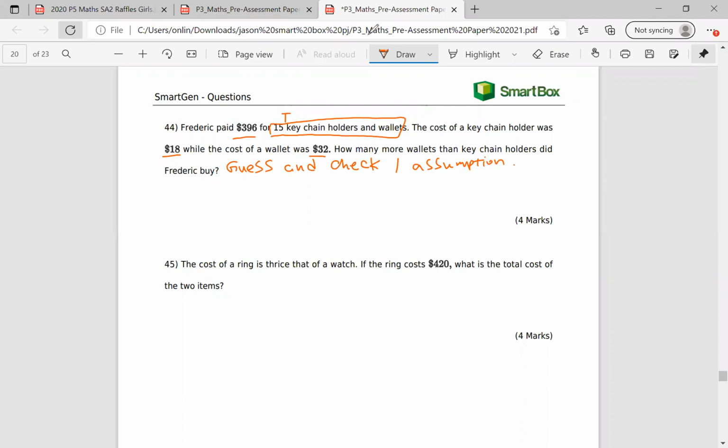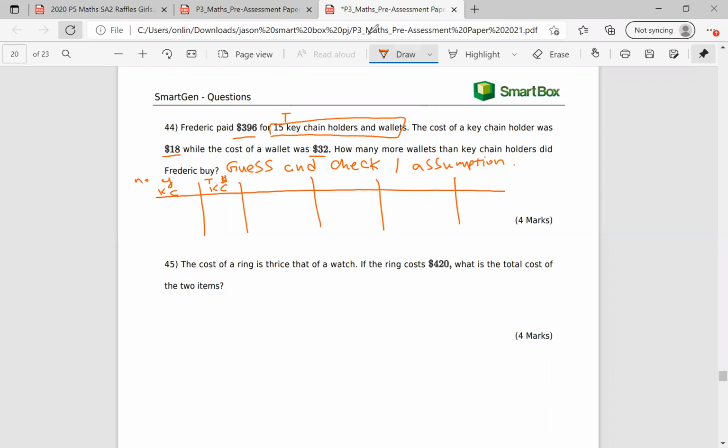So for a start, for guess and check, what we need is we need to have like 6 columns. So we have 1, 2, 3, 4, 5. So my first thing that I have here is my number of keychains, because limited space is going to be in short form. So the total cost of the keychains will be here.